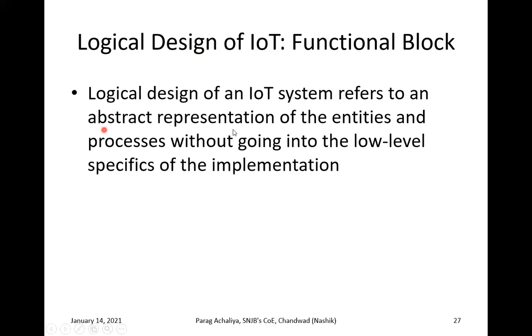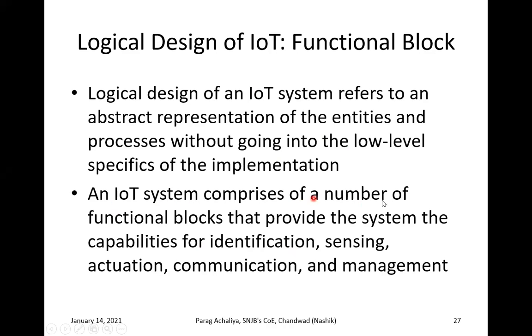It is just an abstract representation of the entities and the processes without going into the low level specification of the implementation. Means what? Here we will only see what the abstract entities and processes are; we are not going to look at their details, or go to the low level of how the entity was created or how the process was defined. That we are not going to see in this logical design.